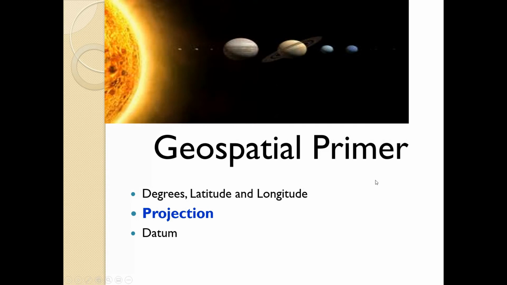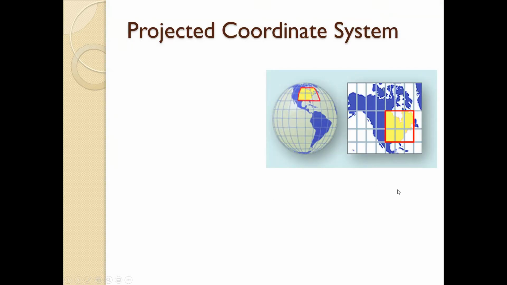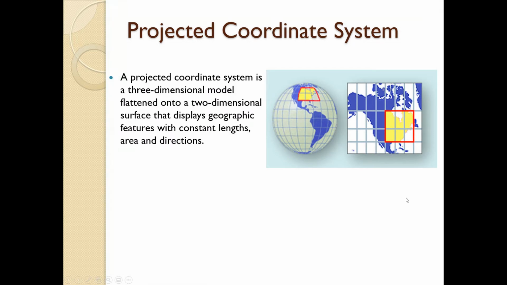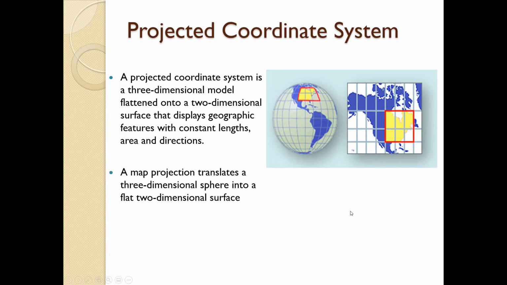All right, the next topic we want to look at is projection. How do you project? Well, projection is rather tricky because it's a three-dimensional model of the Earth that you're trying to get into a two-dimensional projection. And any way you try to make that happen, there's going to be problems with it.